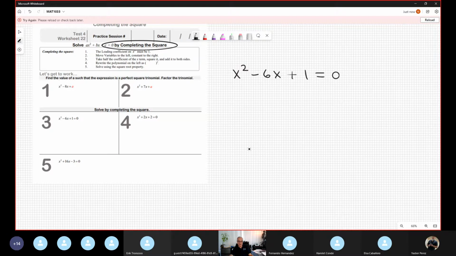Another way is completing the square. And this subject in intermediate algebra is totally optional. You use completing the square or not. In college algebra, well, a little bit, because one question in the test is mandatory to solve by this method.